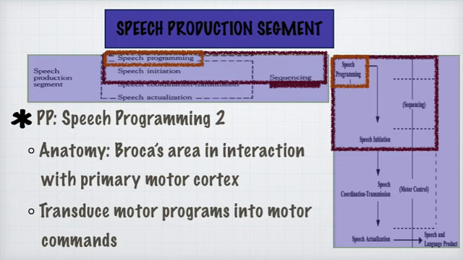It includes speech programming too, whose anatomy is Broca's area interaction with the primary motor cortex, to transduce the motor programs into motor commands. No? So it translates the motor program into commands.